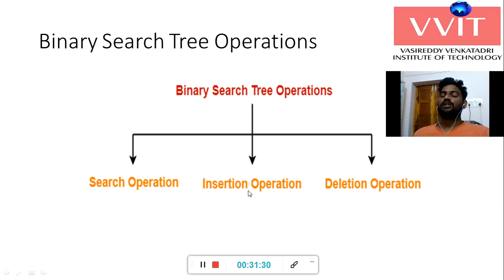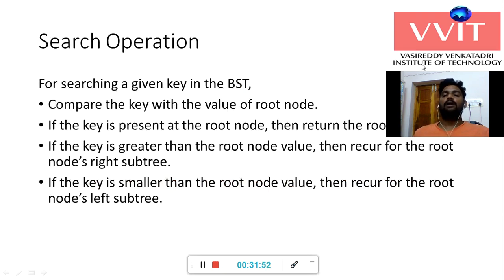What is insertion? To include or insert a new node into an existing binary search tree. What is deletion? To delete a specified node from the binary search tree. Here, see in detail how to search, how to insert a new node, and how to delete a specified node. The first operation is the search operation.